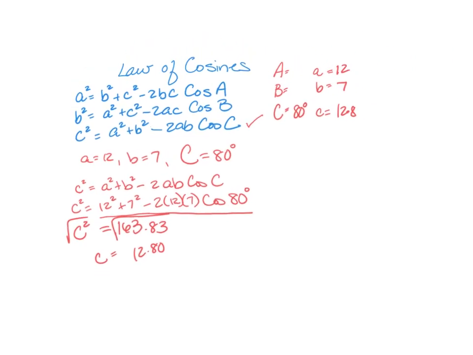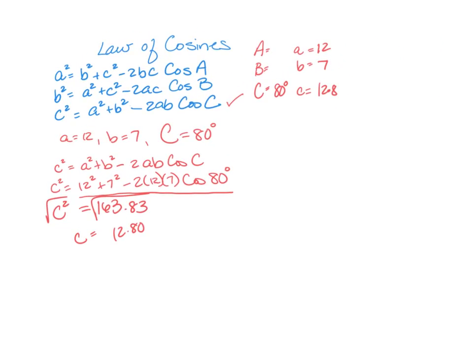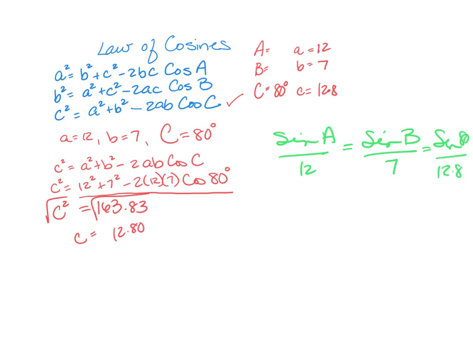So when I switch over, I have that sine of big A over 12 equals sine of big B over 7 equals sine of 80 over 12.8.